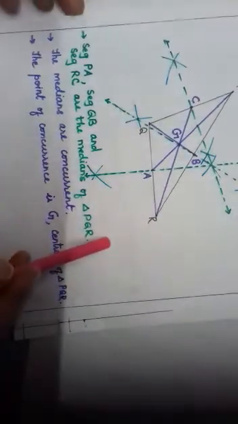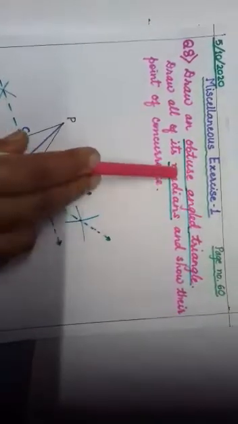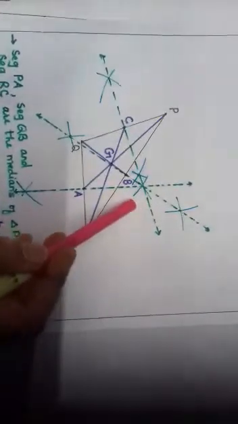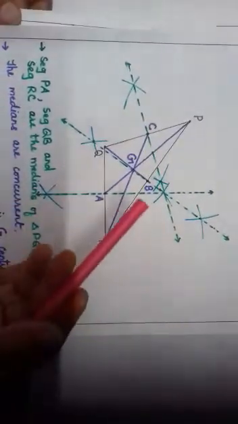So children, we have also solved the miscellaneous exercise one by one, of page 60. There are 3 questions based on chapter 4 in the miscellaneous exercise, that also we have seen in the earlier period. There we have drawn an obtuse angle triangle and medians. So you know very well now how to draw the medians of an obtuse angle triangle, acute angle triangle, and right angle triangle also.